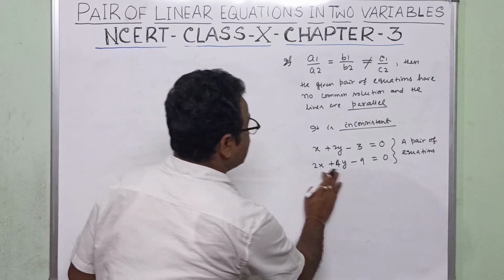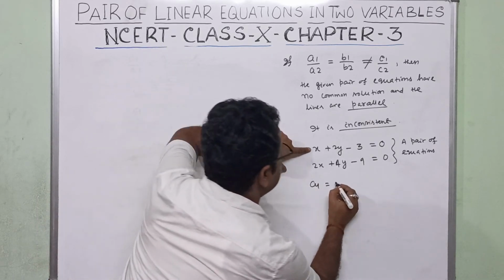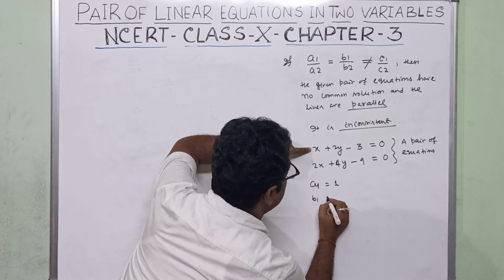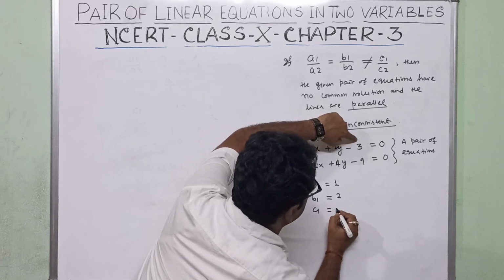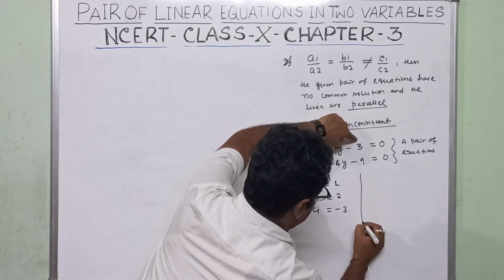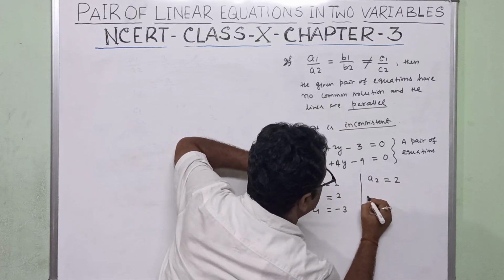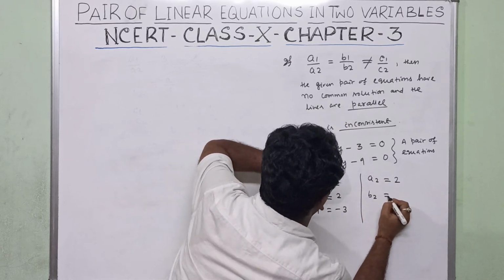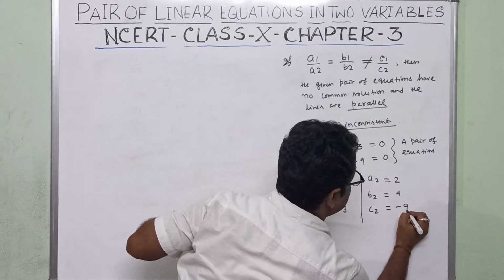So now, what is your A1? A1 is 1, B1 is 2, C1 is minus 3. A2 is 2, B2 is 4, C2 is minus 9.